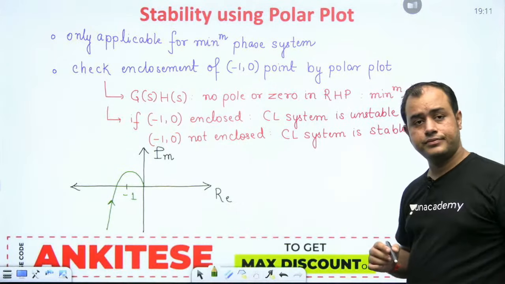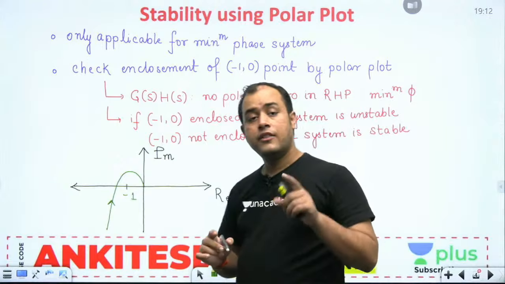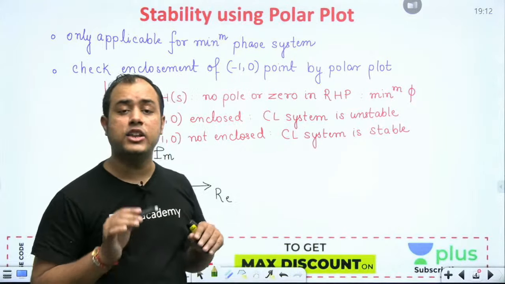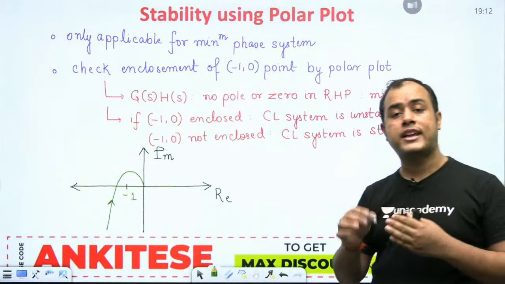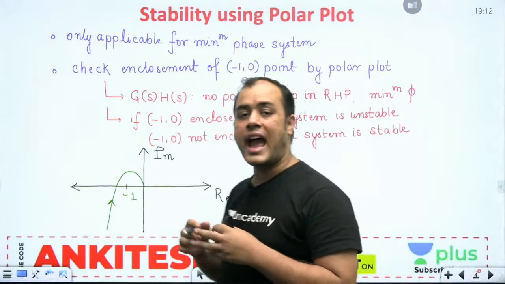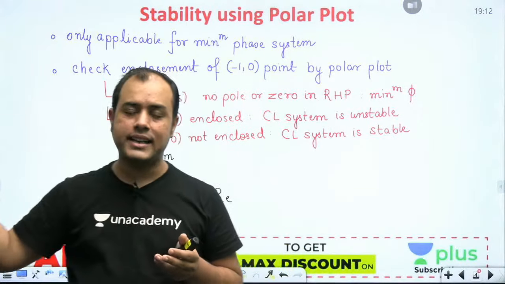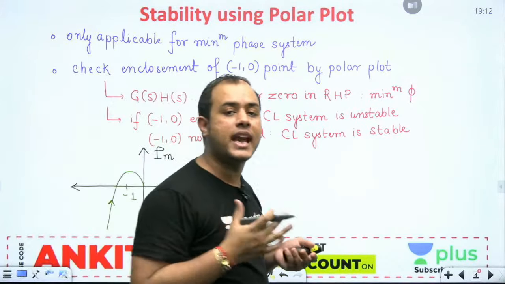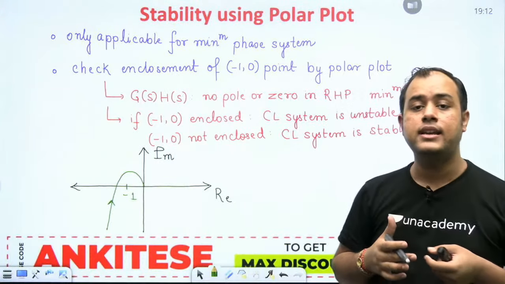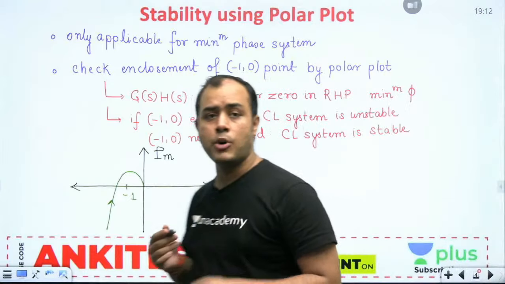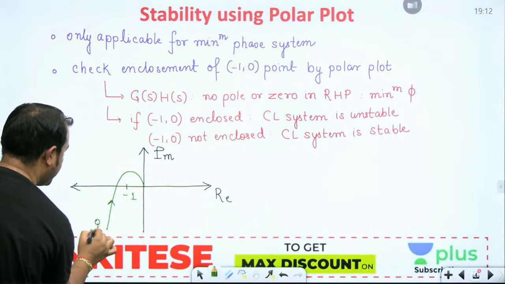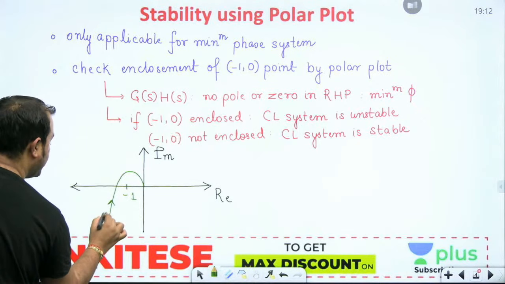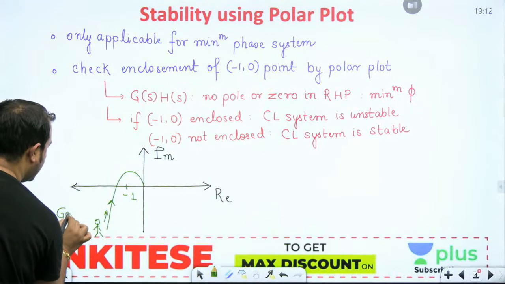Now, my friend, what did I tell you about enclosement? I told you, if you are walking along the polar plot and a point lies to your right hand side, it is said to be enclosed. So suppose now we have Garima walking like this.